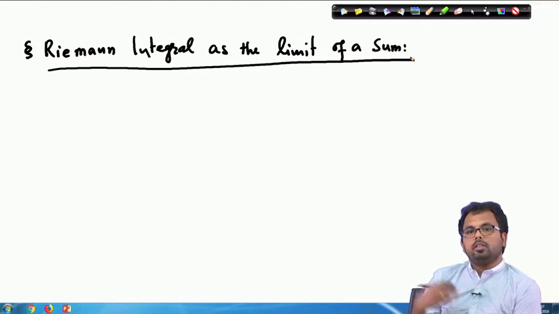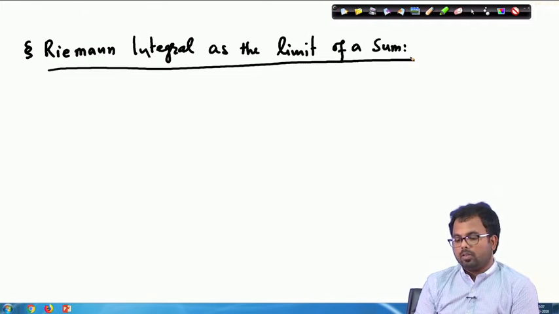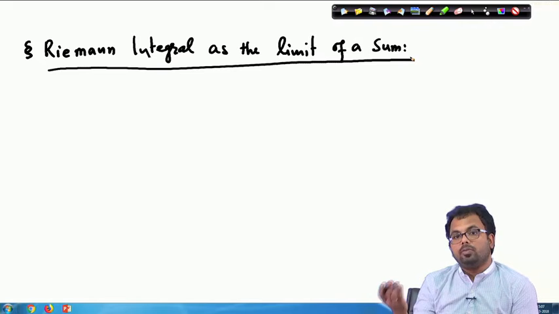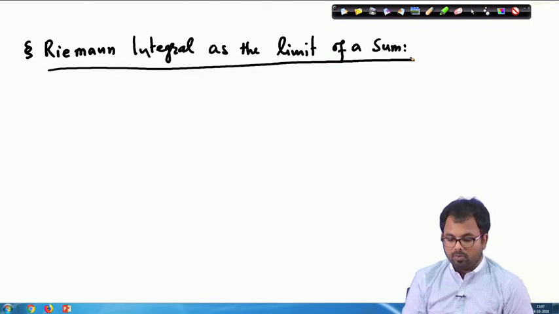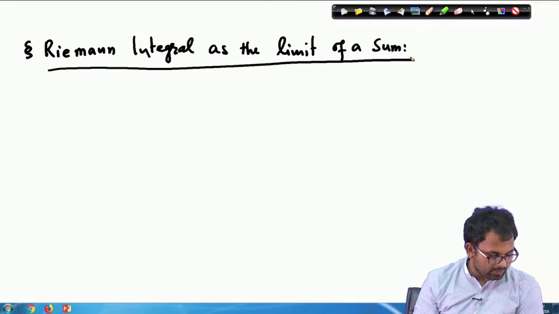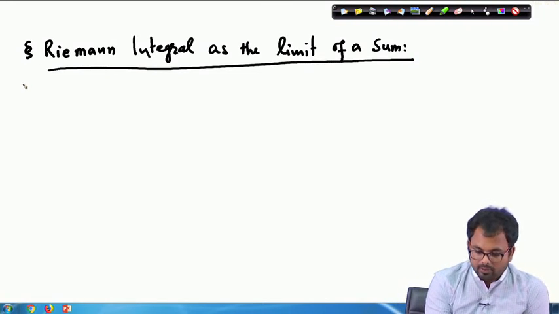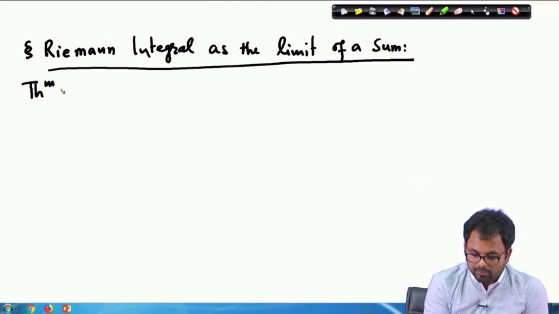This particular representation of a Riemann integral gives motivation to the definite integral. We will see what we mean by it. So we can write a small theorem.